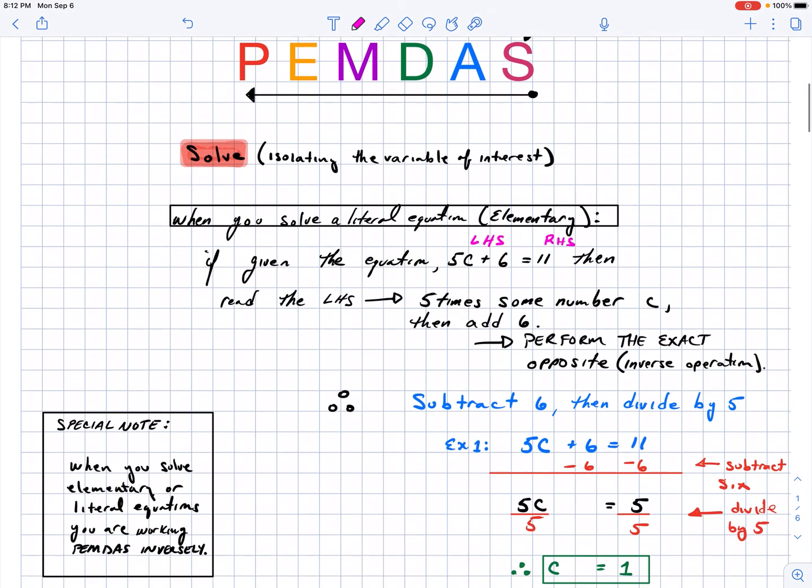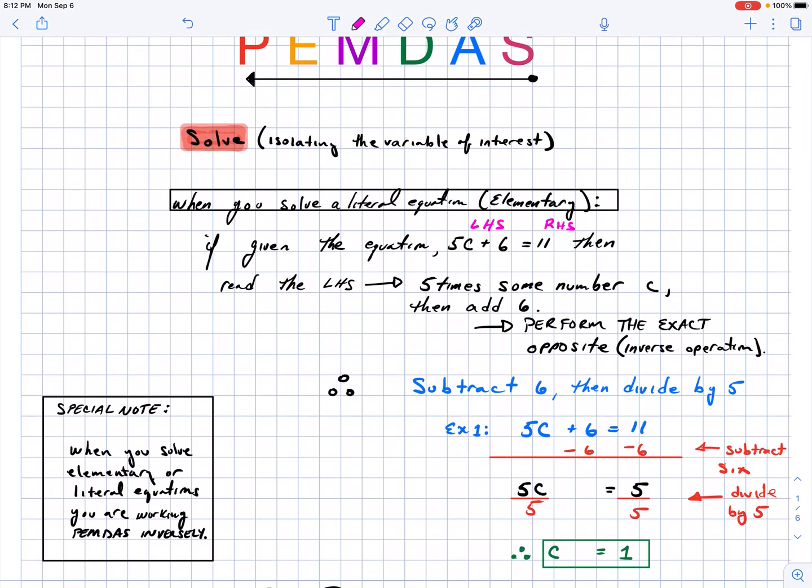And then what we want to do is perform the exact opposite, or the inverse, of what we're talking about. And that inverse is subtract 6 and then divide by 5, because the opposite of a positive 6, or an addition of 6, is negative 6, or a subtraction of 6. 5 times some number, well, the inverse is taking that number and dividing it by 5.